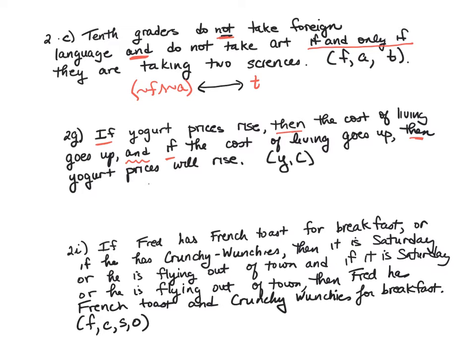So it would be if yogurt prices rise, then the cost of living goes up. And if the cost of living goes up, then yogurt prices will rise. But again, by definition, this is a biconditional. And in mathematics, we could write it as Y if and only if C. Yogurt prices will rise if and only if the cost of living goes up.